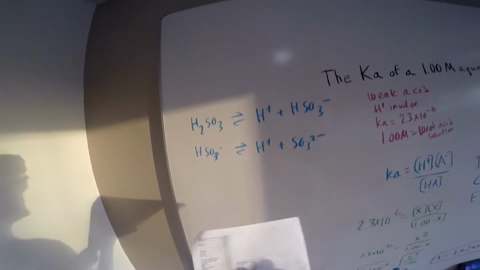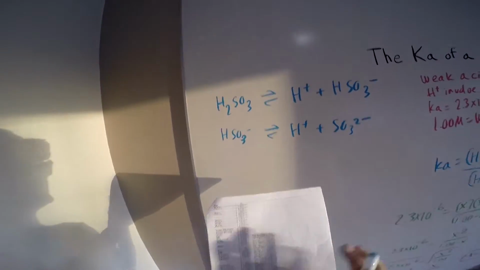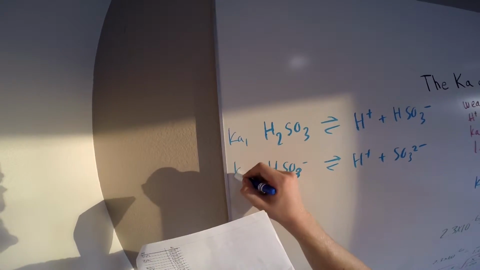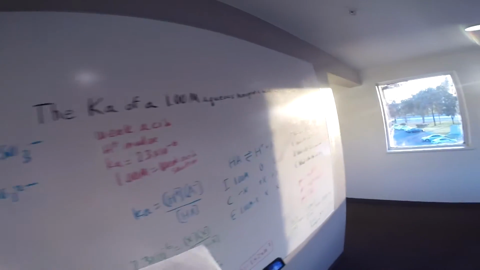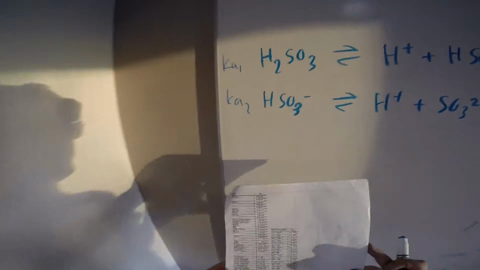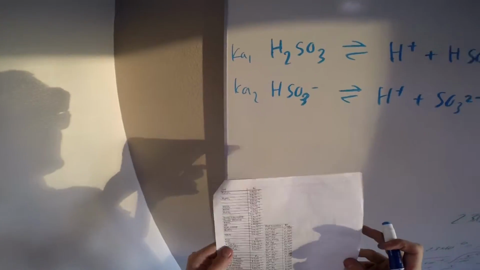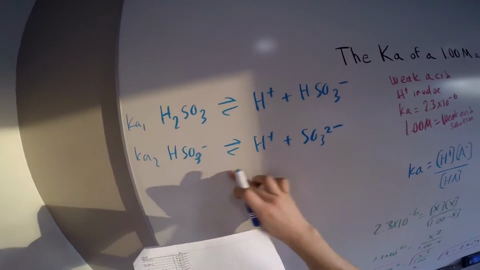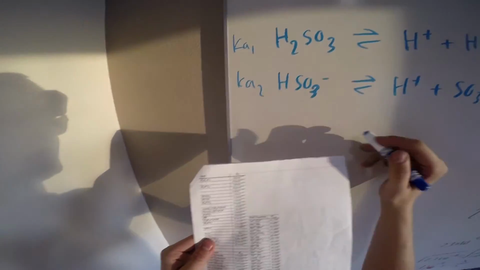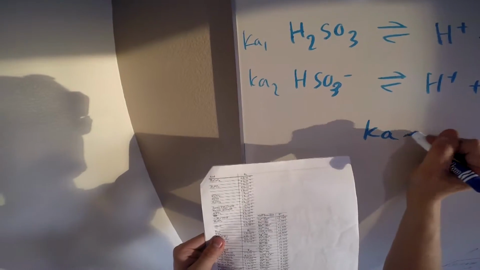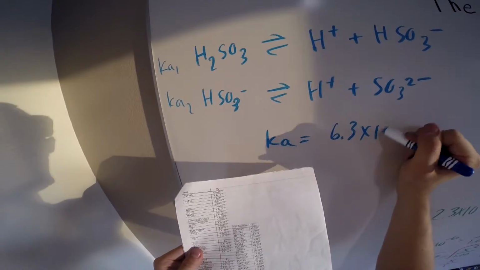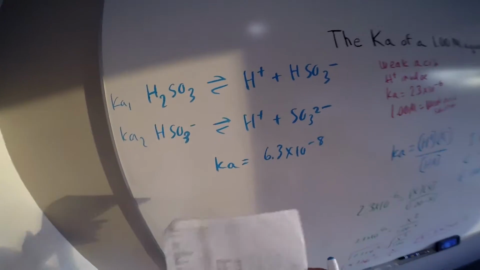So they give us both values on this. They give us the Ka for this one, which is Ka1, and this is Ka2, okay? But remember, we're looking for Kb. So we know the Ka we're looking for is the second one, because that relates to this equation. So the Ka is equal to 6.3 times 10 to the negative 8.